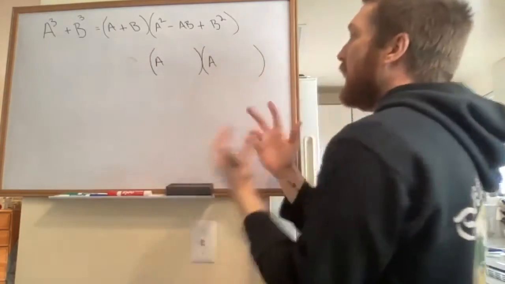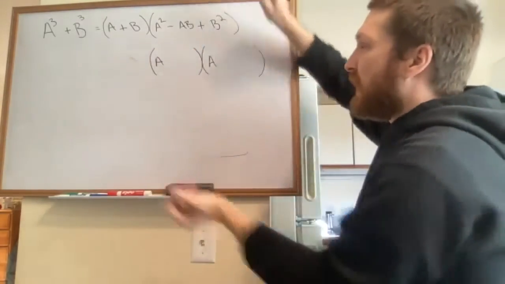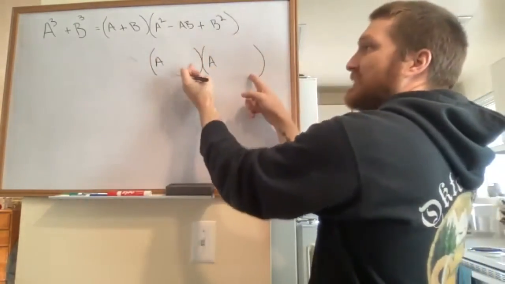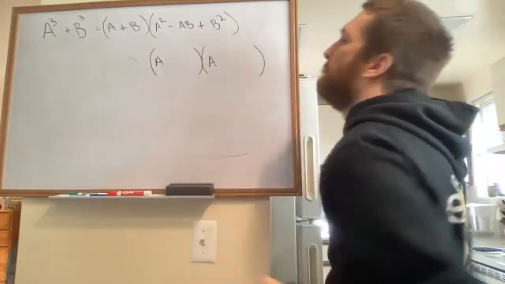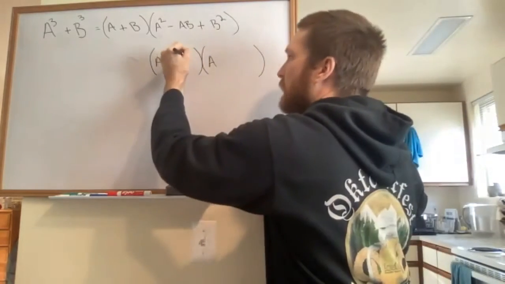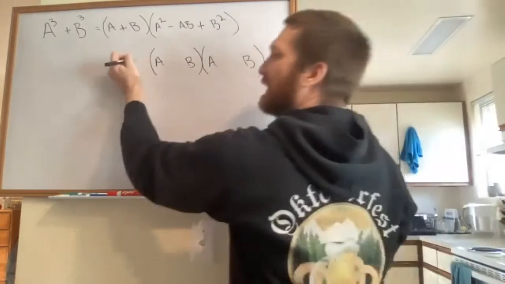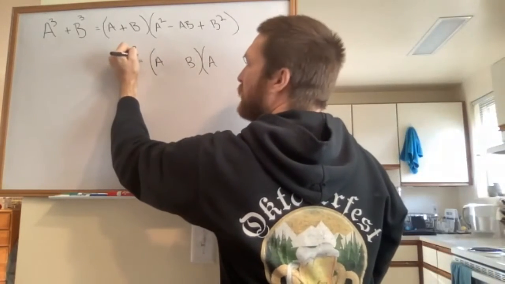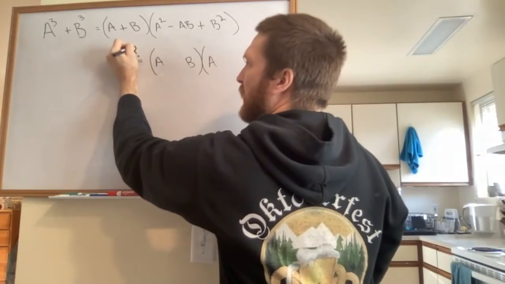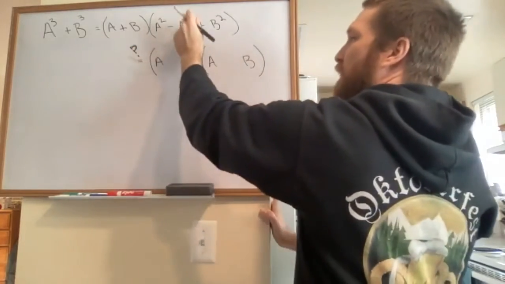Okay. For the last, right? First, outer, inner, last, what would have to go here? B. B. Okay, so now remember, we're wondering, is it possible? We don't know yet. We're assuming it is possible to factor this guy further.